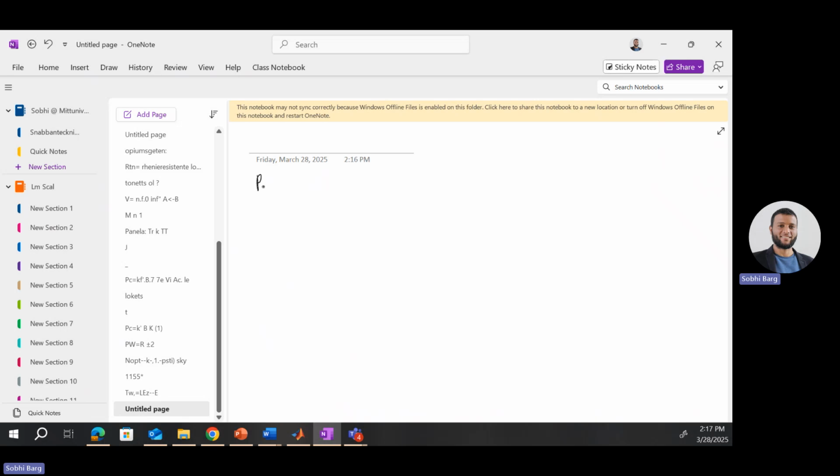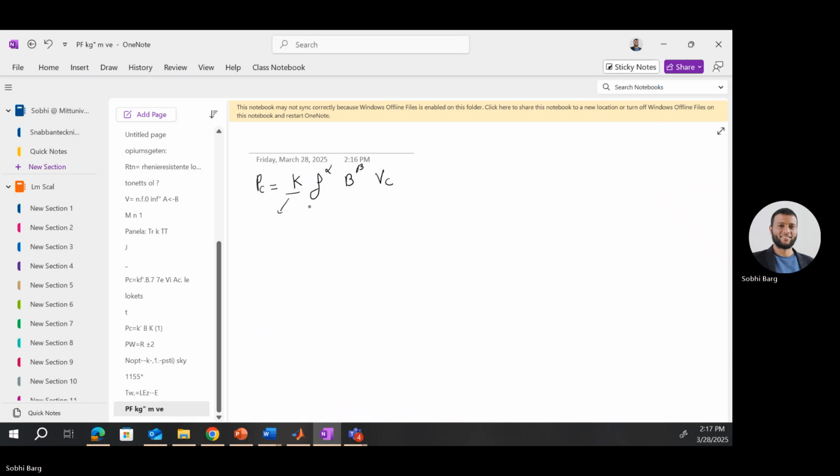Core loss is given by the Steinmetz equation, as follows. Here, K depends on the magnetic material; it is a Steinmetz parameter. Alpha and beta are also called Steinmetz parameters, and they also depend on the material.